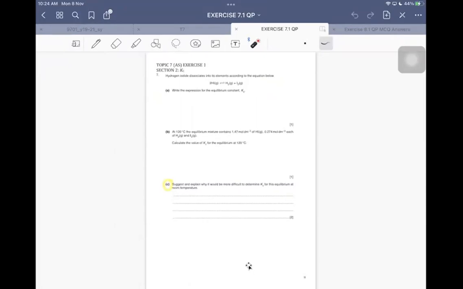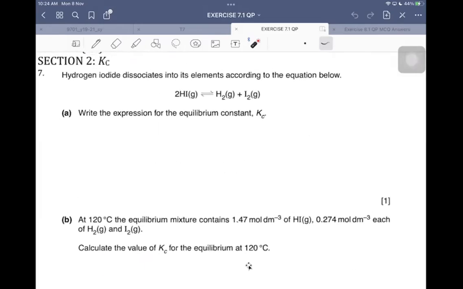Okay, now looking at question 7, we've got a dynamic equilibrium system of hydrogen iodide dissociating into hydrogen and iodine. Notice that your hydrogen iodide is in gas state, hydrogen is in gas state, and iodine is also in gas state.